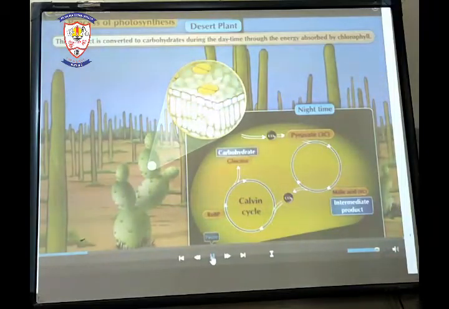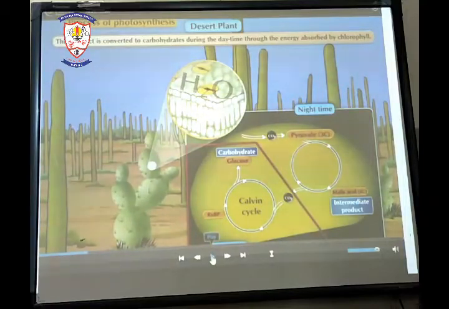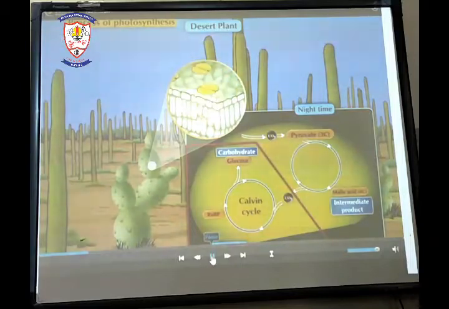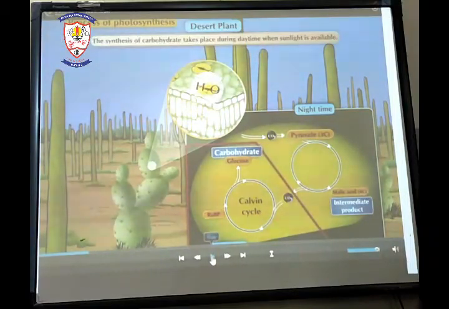This product is converted to carbohydrate during the daytime through the energy absorbed by the chlorophyll. Thus, you can say that the synthesis of carbohydrate takes place during daytime when sunlight is available.